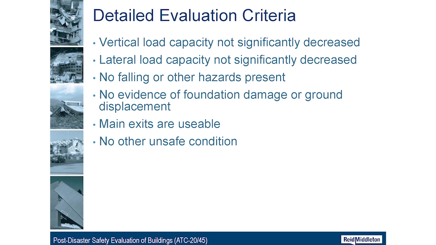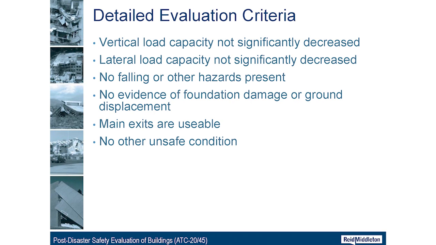As we go through a bunch of these examples, we'll start saying scale 1 to 10, just to turn a qualitative conversation into something a little more quantitative. It can be very helpful to quickly articulate to your colleague, your teammate in the field, your level of concern. So scale 1 to 10, what is the vertical load carrying capacity? 10 being, no earthquake has occurred, there's no damage. 1 being it's on the precipice of collapse.